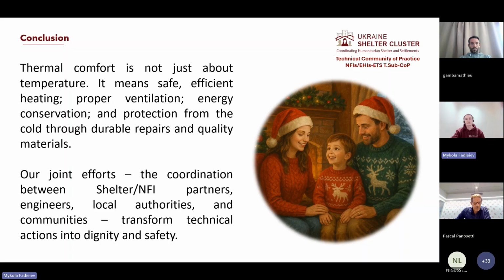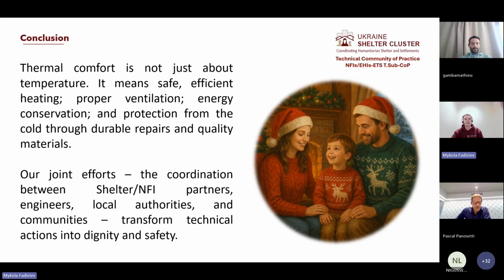Thermal comfort for us is not just about the temperature. We have some regulations in Ukraine which tell us that in a particular building, a particular zone, like a living room, the temperature should be more than 20 degrees Celsius.